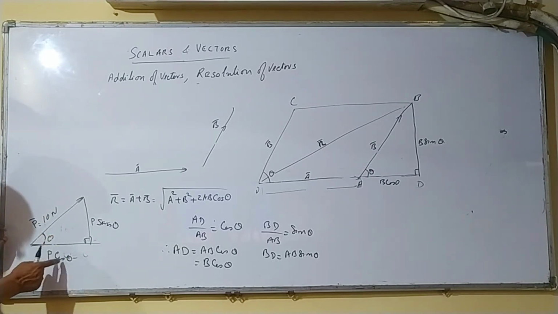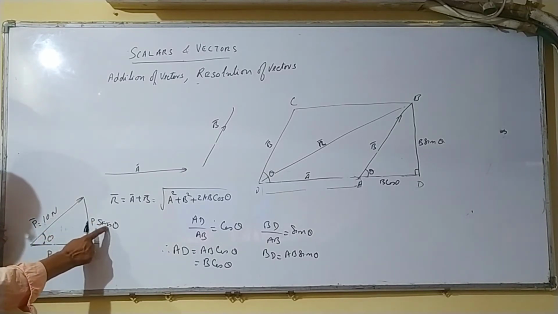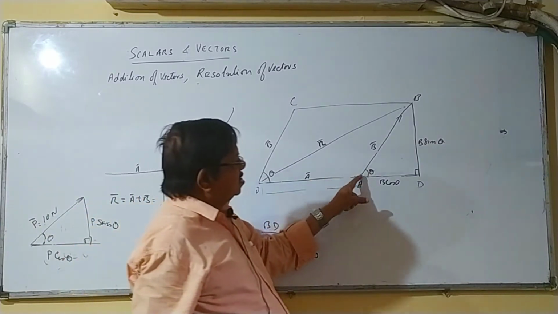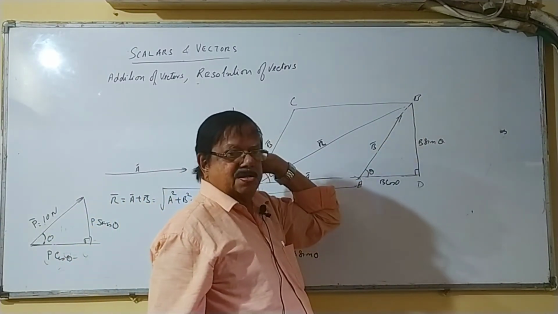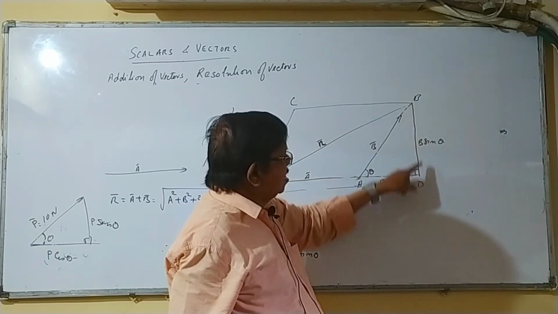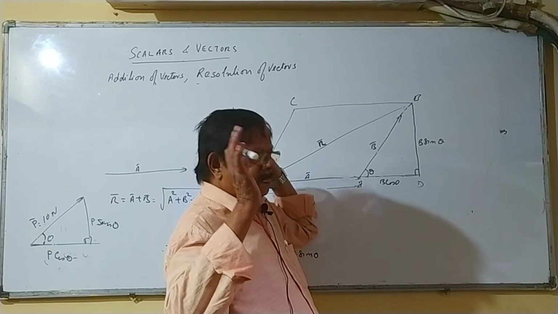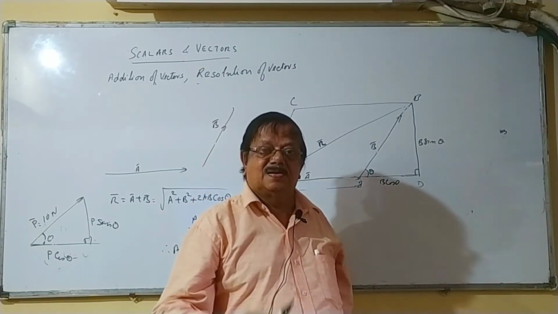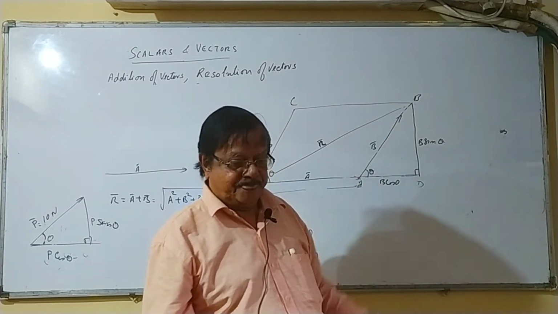Adjacent side will be dealing with cos theta, this will be sin theta. P into sin theta, P into cos theta. Any time. So here, this is B, so this is B cos theta. This will be B sin theta. BD is equal to B sin theta. AD equals B cos theta. Always remember this; it will come every time in 12th standard, JEE, NEET, everywhere you have to use this.